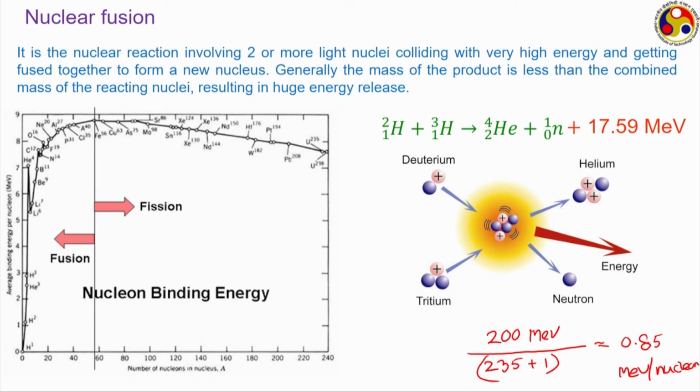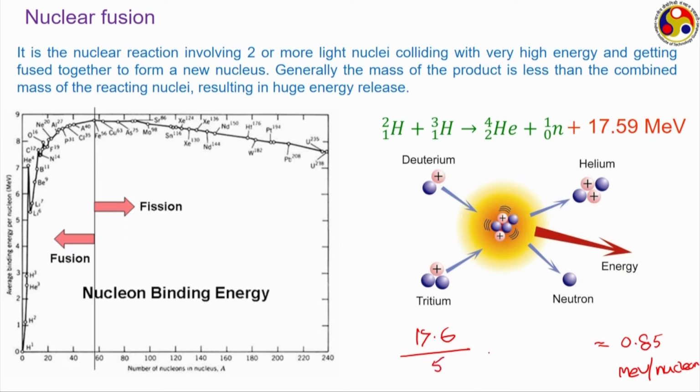Now, put that into perspective with the present fusion reaction. Here we are getting 17.6 MeV of energy, and how much is the number of nucleons? It is 2 for deuterium and 3 for tritium.